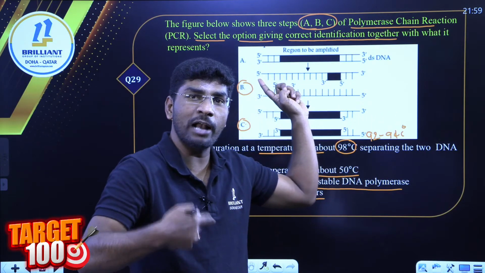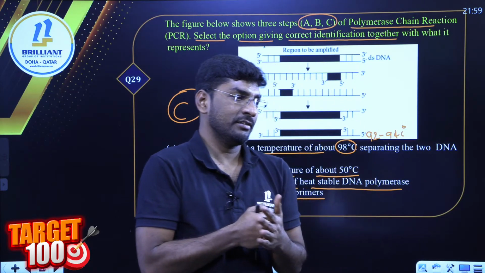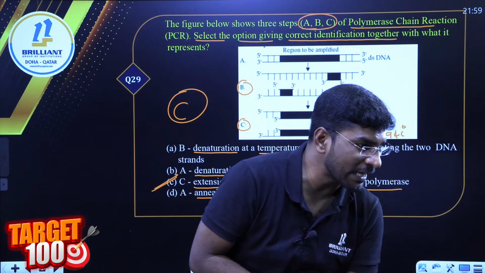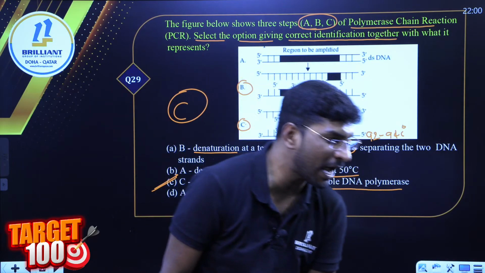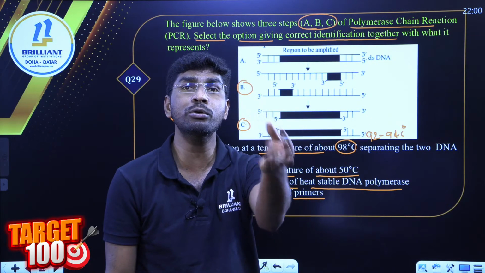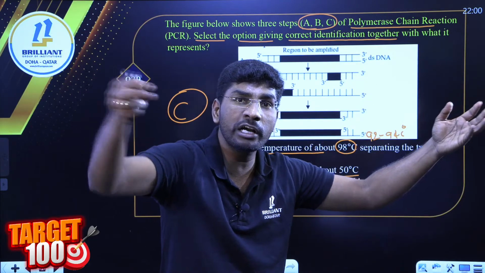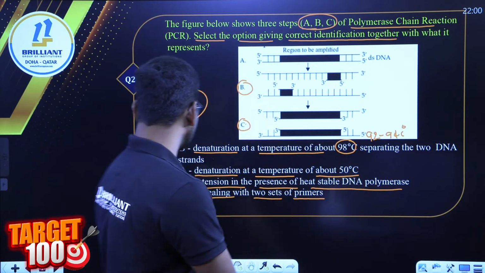Along with that, something we have to add. Exactly, Sana, absolutely. dNTPs we should add. We should add free nucleotides. Otherwise, how can it elongate? We have to add the free nucleotides, right? dNTPs. Yes, exactly.